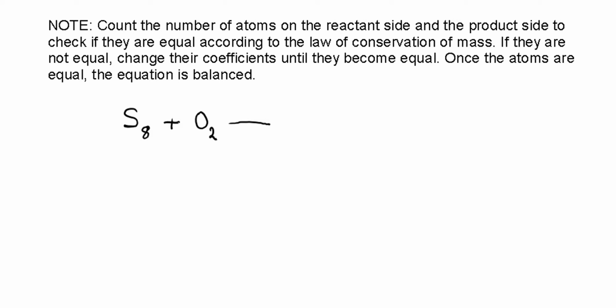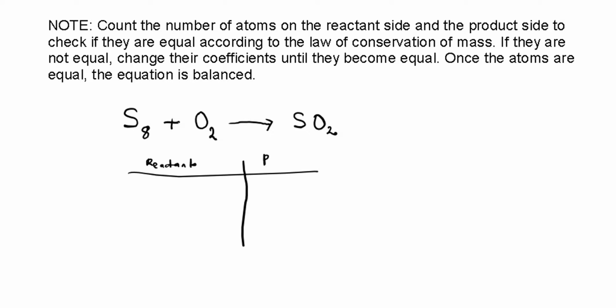When they react, they will give us XO2. Now, let's check the number of atoms on the reactant side and the product side. So you just make a table. This is the reactant side, and this is the product side.